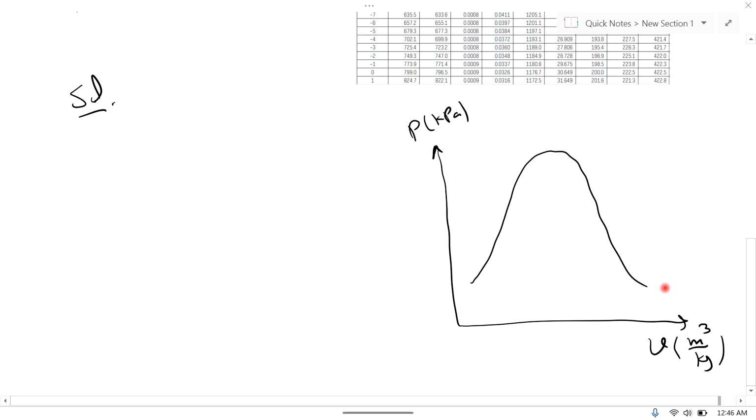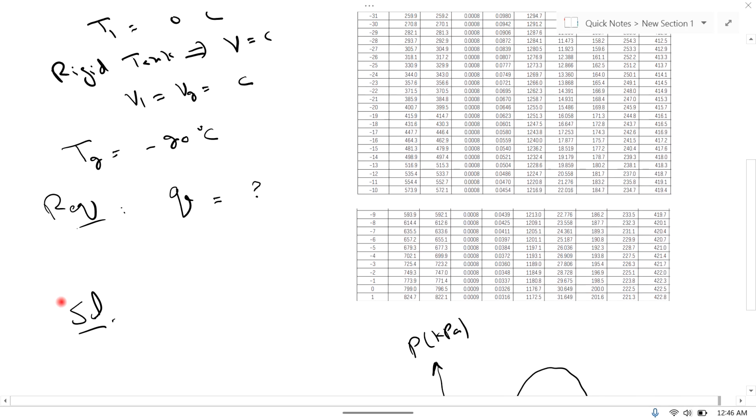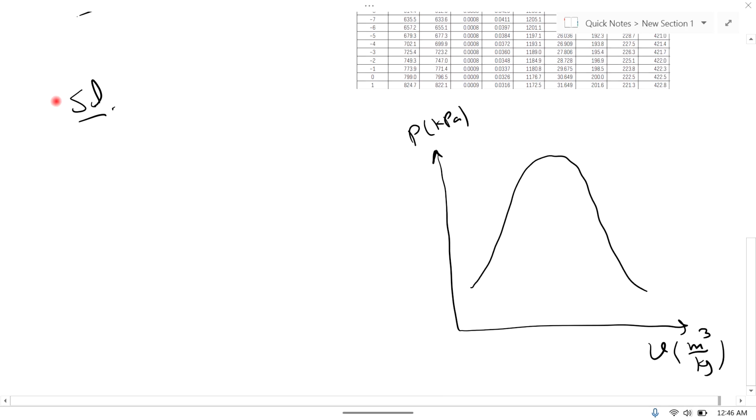So this is the saturation curve, and initially the refrigerant, the working fluid, is dry saturated vapor.